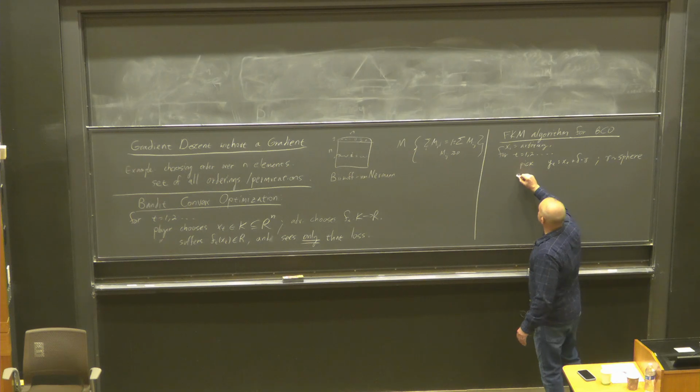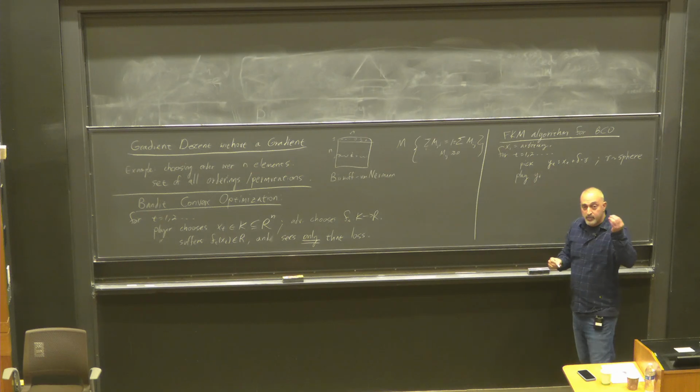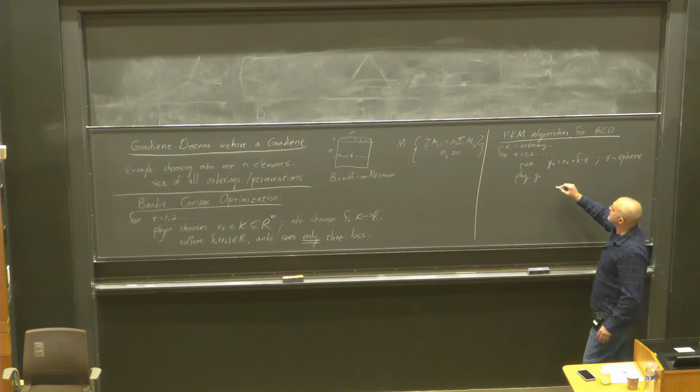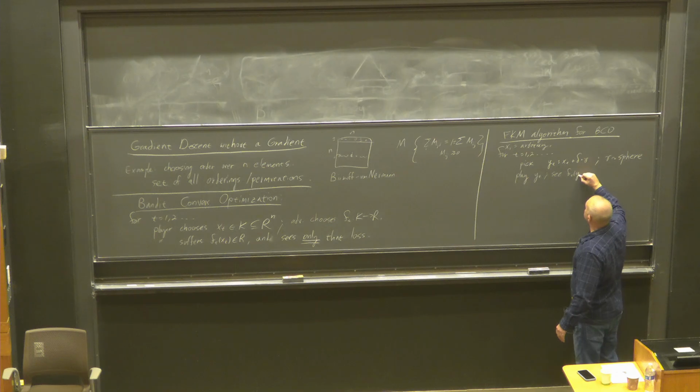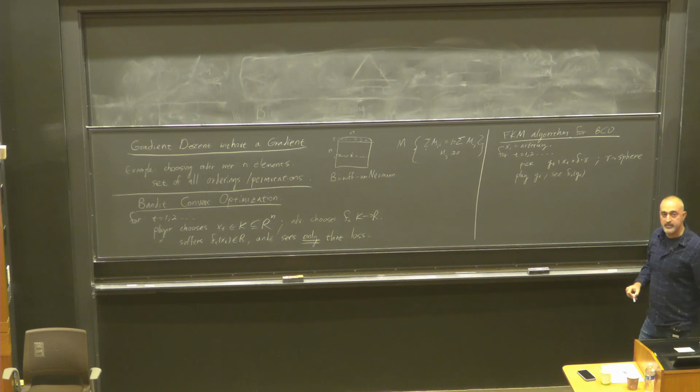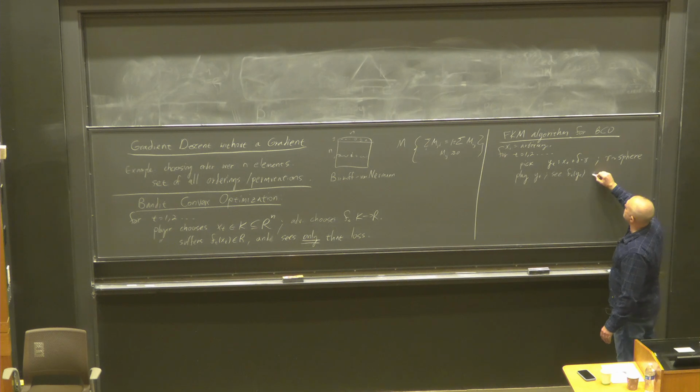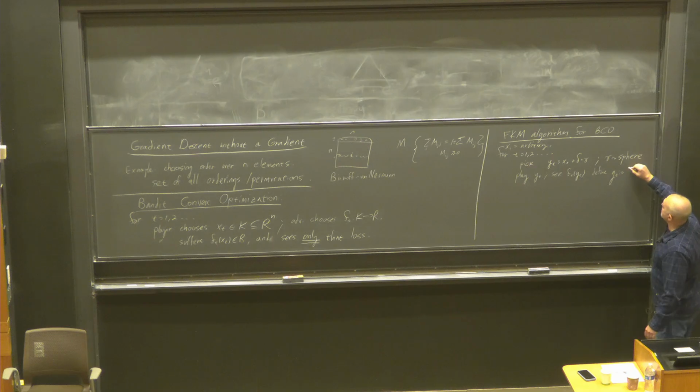Then I'm going to play this yt, which is a random point around xt. I see ft of yt, that's my loss, a scalar. And I'm going to define gt to be n over delta times ft of yt times this v vector.